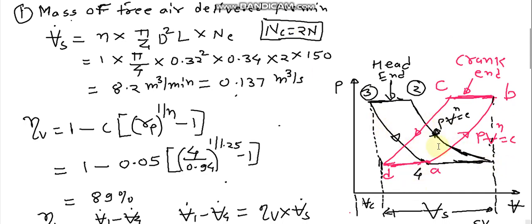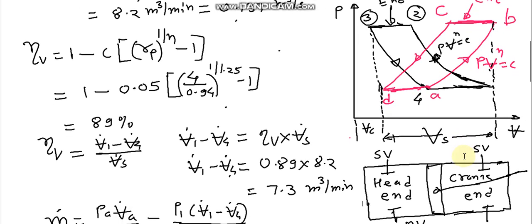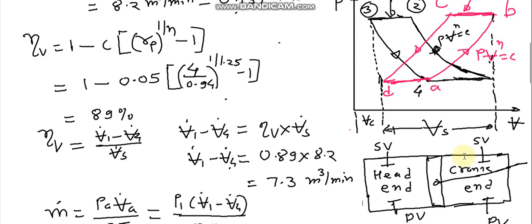This is a double acting air compressor. In this diagram, this is called the head end and this is called the crank end. First consider a single end, points 1, 2, 3 and 4.